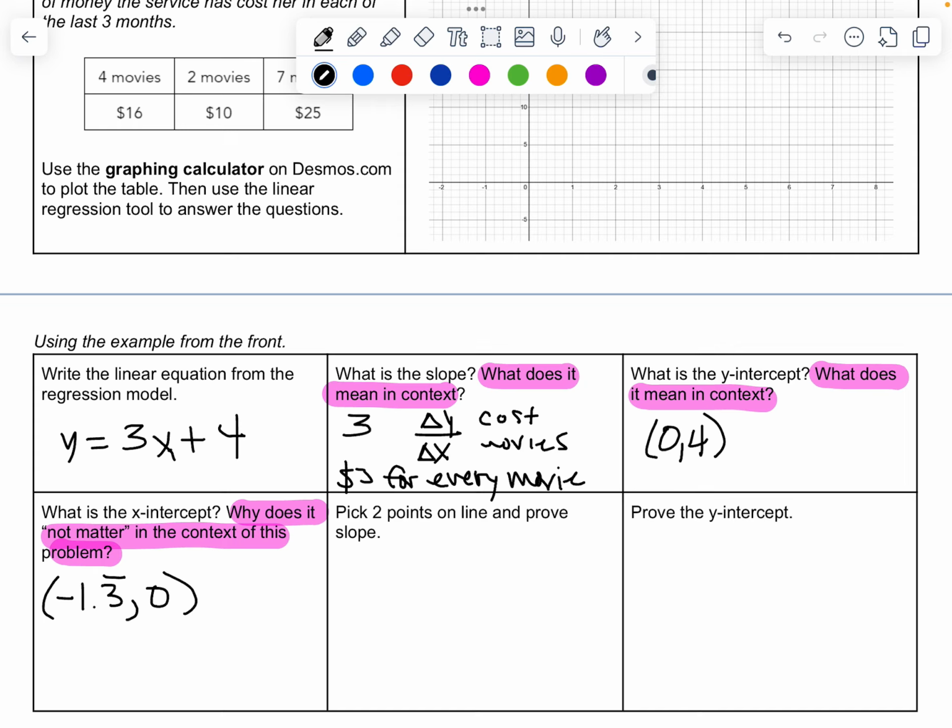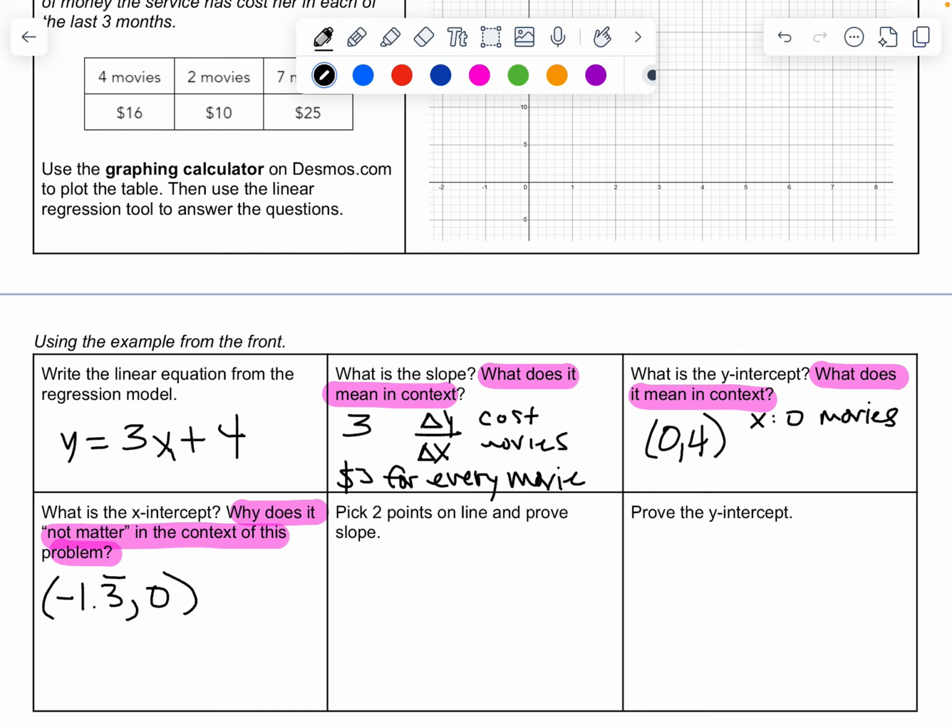Right, so I can use the breakdown of the cost in the movies, the table, the graph to figure out what that means algebraically, but I got to go back and kind of sort of read the table and understand what's going on with that. What is the y-intercept? What does it mean? Well, we know the y-intercept is 4. So again, if our x value here is 0, that means we have 0 movies, right? This is kind of where we're starting out. Maybe there's a membership fee. Maybe just like a gym. Like if I don't go to the gym, there's still a membership fee.